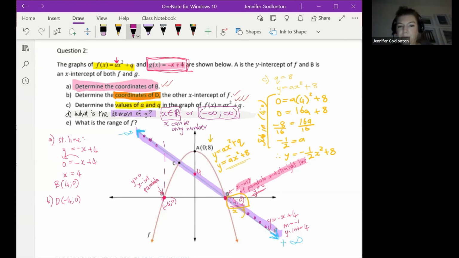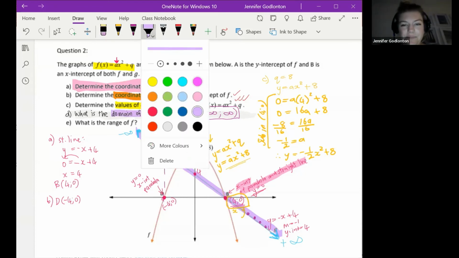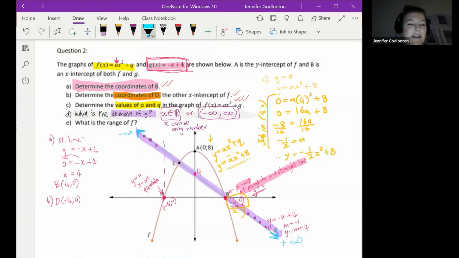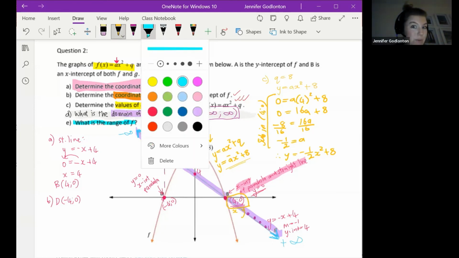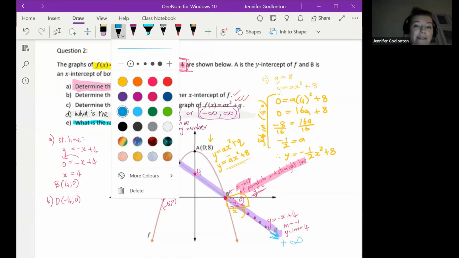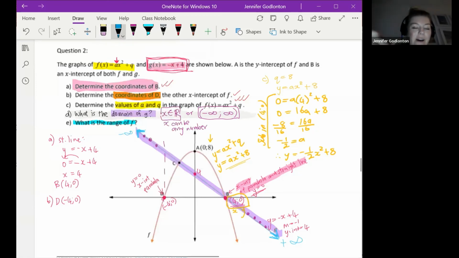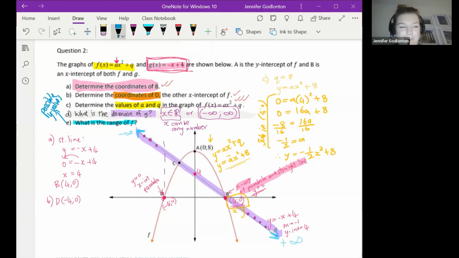Okay, cool. Last question. Let's see what you remember from the previous question we worked on. What is the range? So what are my possible y values of f? Yes, Grace.